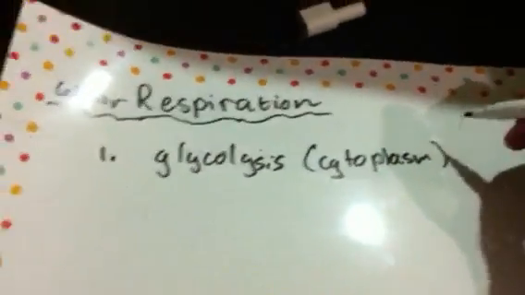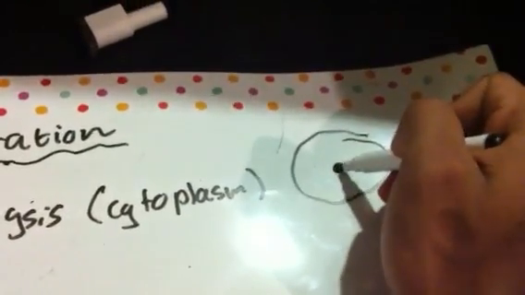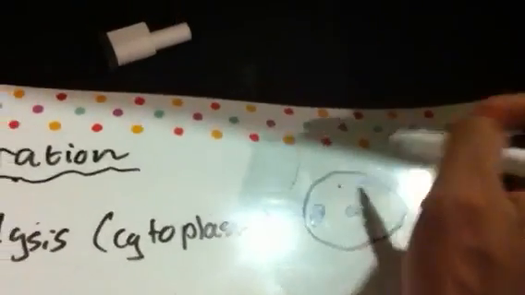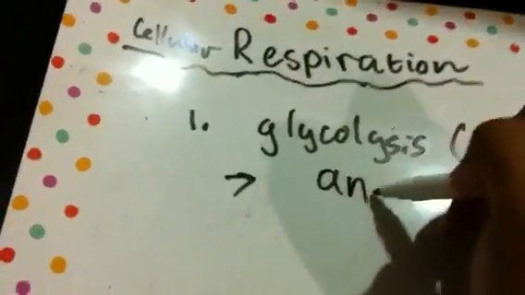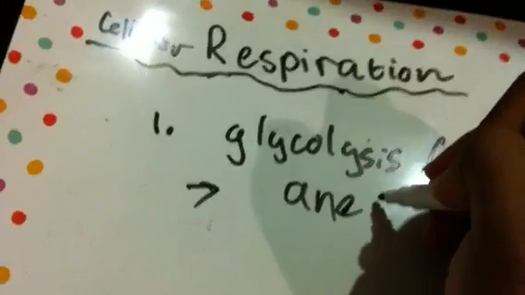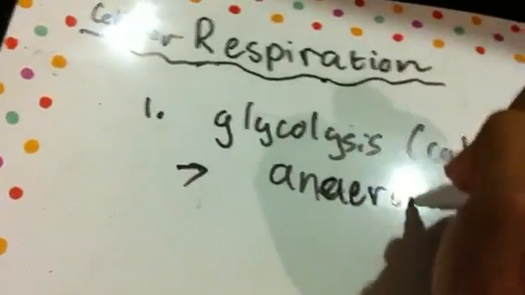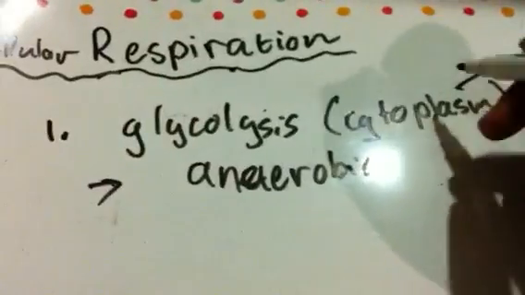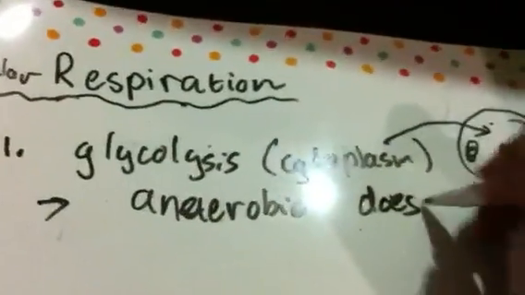So if we have our cell, we have a nucleus somewhere in the middle, various organelles. Here's a mitochondria. This process actually happens in the free-floating fluid, so if I just draw an arrow, it just happens in the cytoplasm, not in any particular organelle. It's a unique step in that it's anaerobic. So it doesn't require oxygen, that's what I meant.